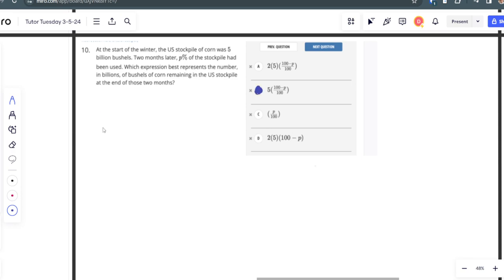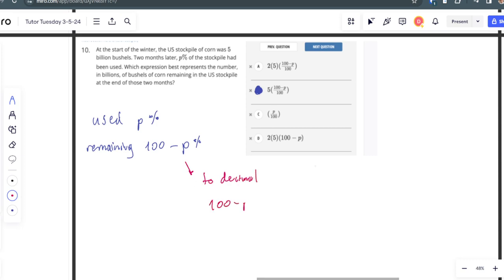We used P%, which means there is a remaining 100 minus P%. If we're converting either of those into a decimal, then it's 100 minus P over 100.